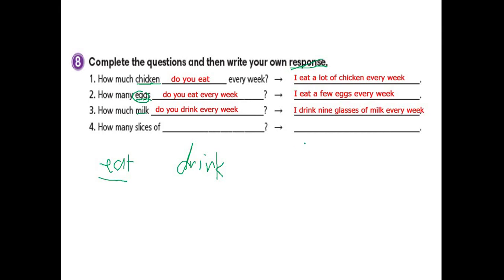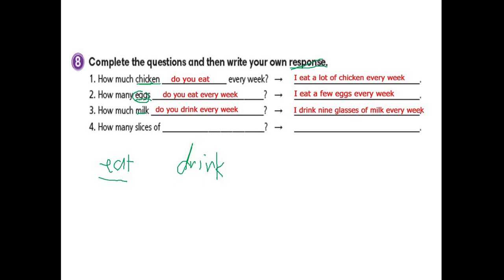So you can say, I drink a lot of milk every week, or I drink a little milk every week. But this time, to make it specific, you will need to write the numbers and the glasses so that you can count how many glasses you drink.